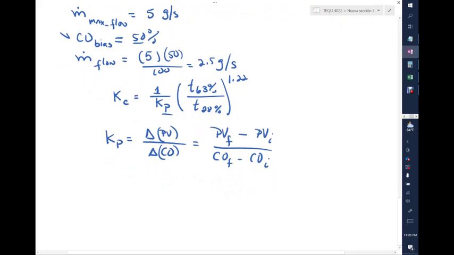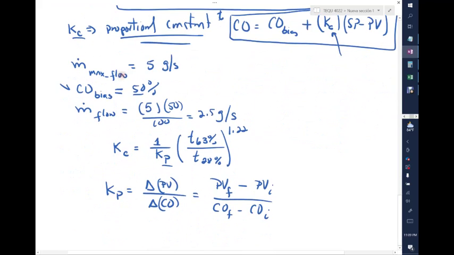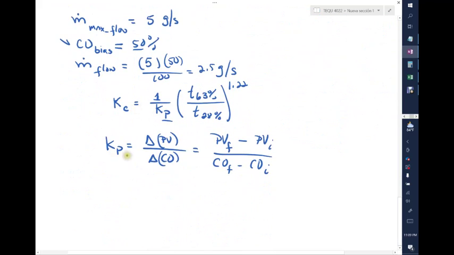As you can see, basically I'm going from 80 to about 20 by adding cold water. That will take a while, right? And here in this axis I have time. So I have an idea what that Kp will be. It's as simple as doing this. What is the PV final? It's actually 20. What is the initial? 80, and all that.